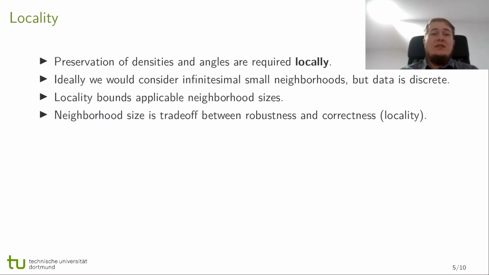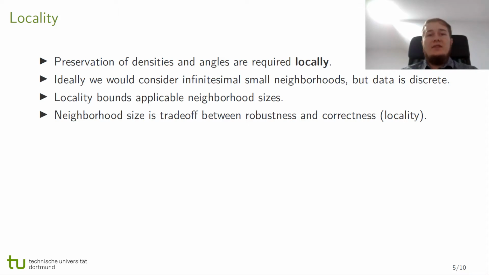Our data, however, is discrete, and interpolating arbitrarily many additional points does not add meaningful information. We therefore need to observe larger environments, which can result in false observations as we violate the locality assumptions.